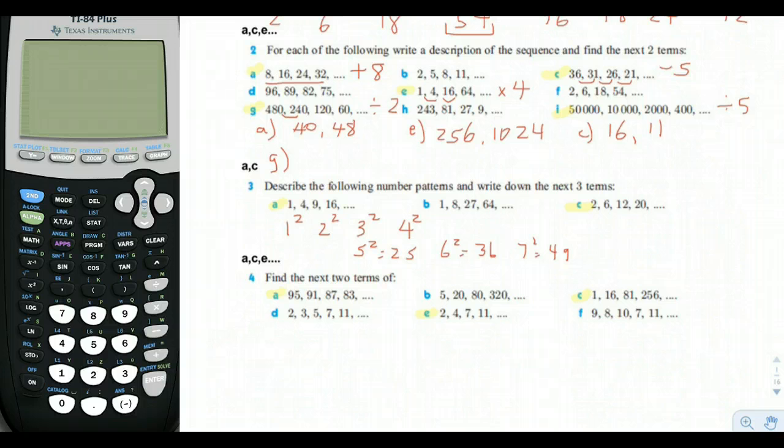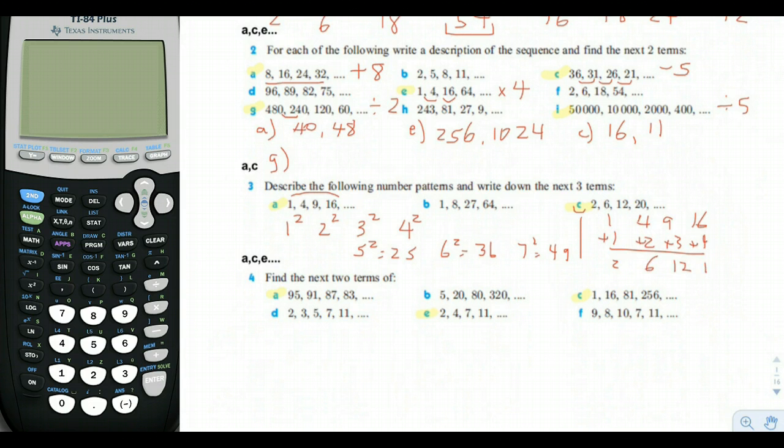Now why don't you pause the video and see if you can get C by yourself. Okay, now I assume you've thought about it for a little while. This is actually related to this one here. So if you take 1, 4, 9, 16, and you add the ordinal numbers to this, 1, 2, 3, 4, you're going to get the result here, which is 2, 6, 12, and 20.